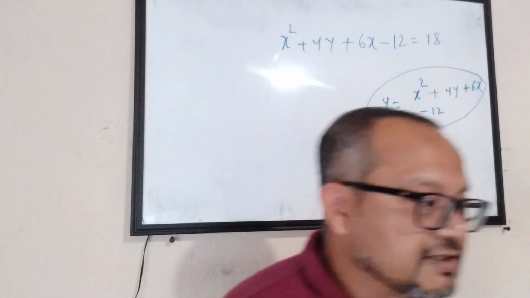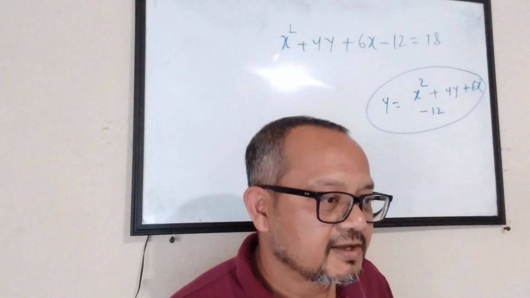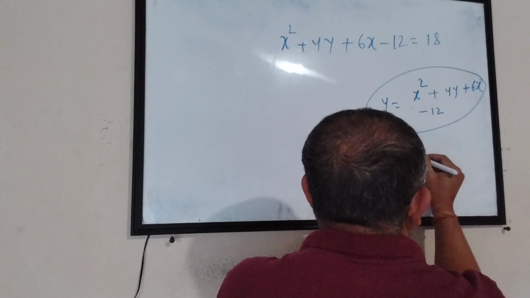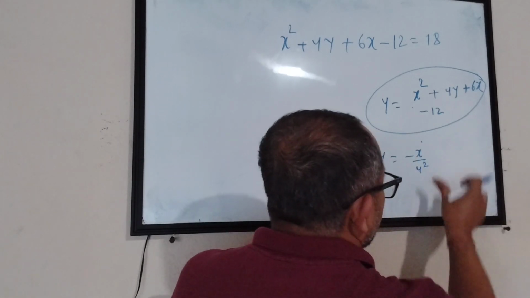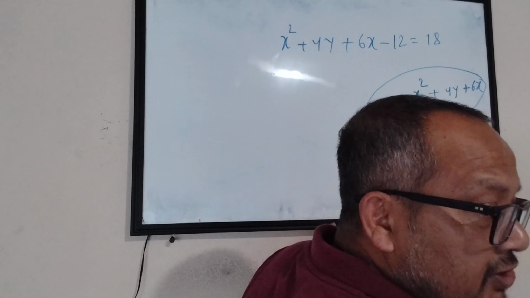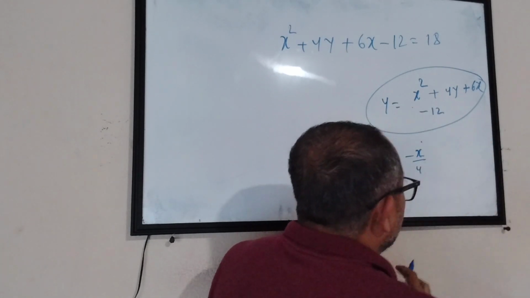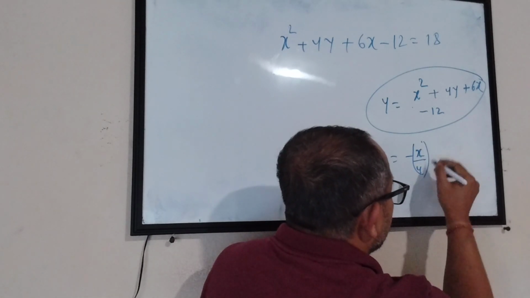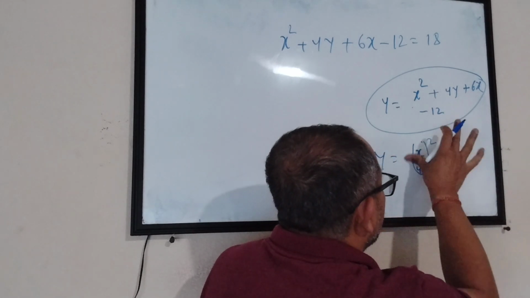Let's see what Anirudh has to say. So for my function, I got y equals negative x divided by 4 squared plus negative 6 divided by 4x plus 7. Anirudh, read it slowly for me. Y equals negative x, and that entire thing would be squared, including the minus.